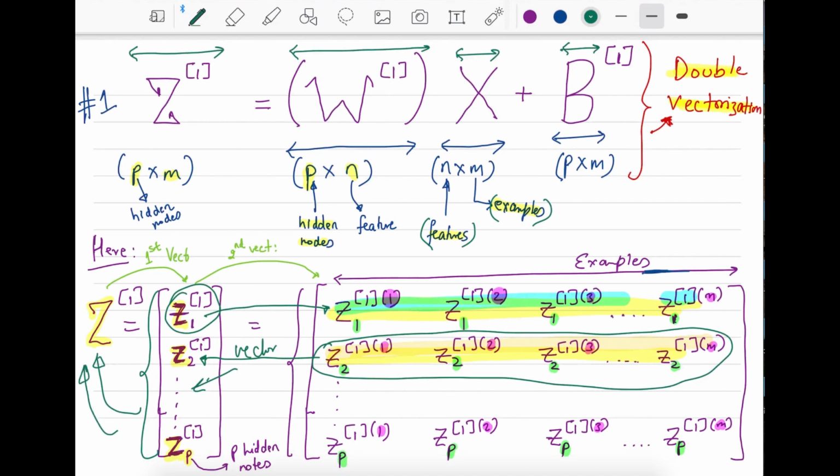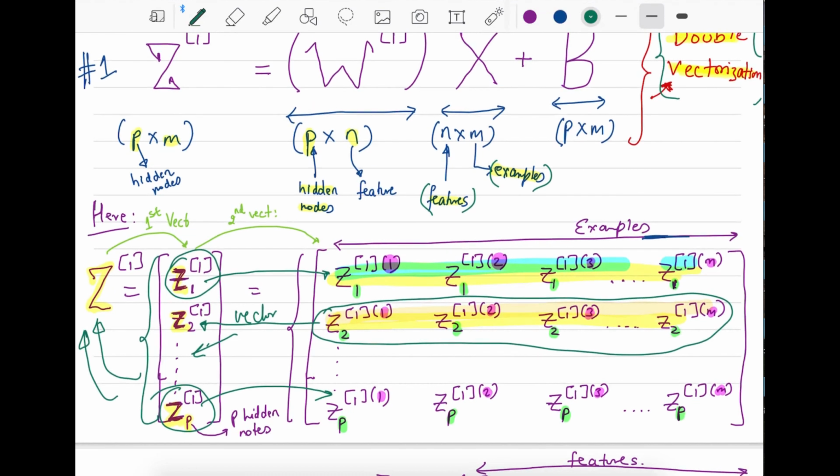That's why I'm calling it double vectorization. Same for this ZP also, and the dimension of this matrix is P, because you have P nodes and M examples. So that's why the dimension of this matrix is P cross M.